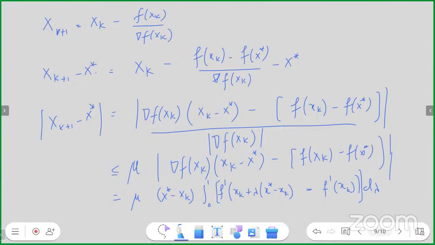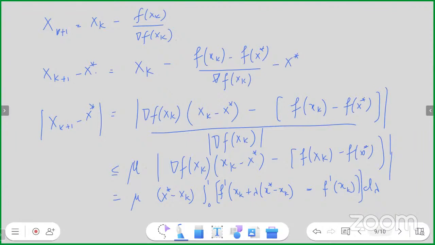Now, any idea how to get rid of this integral? Because the integral is over 0 to 1, I can just take the max of lambda over 0 to 1 and replace the integral. That's all I'm going to do.